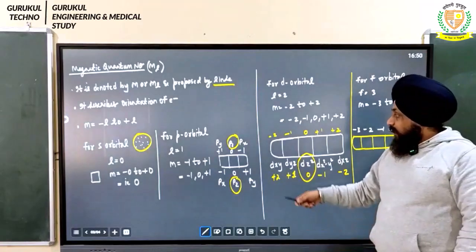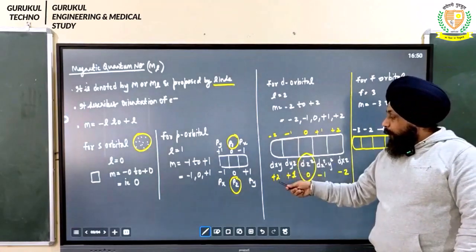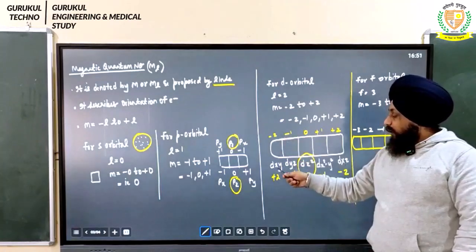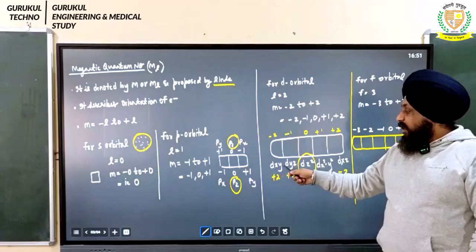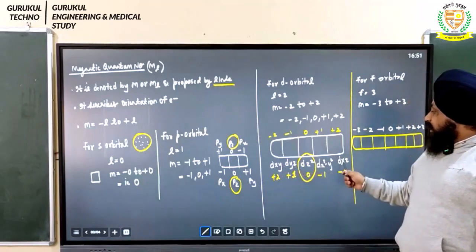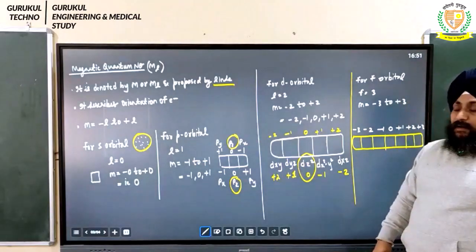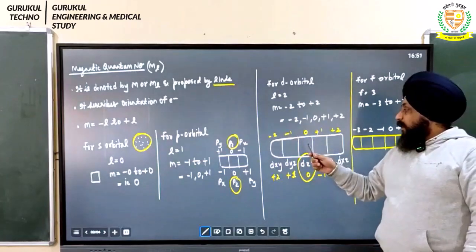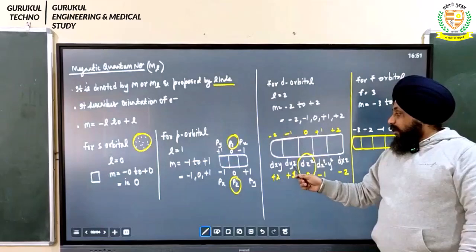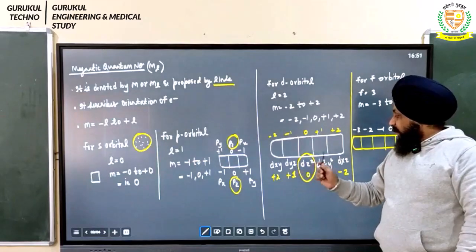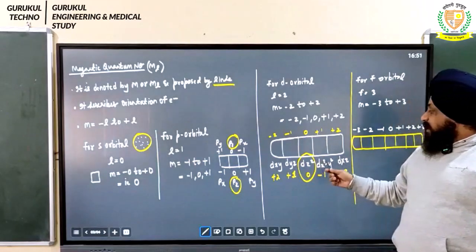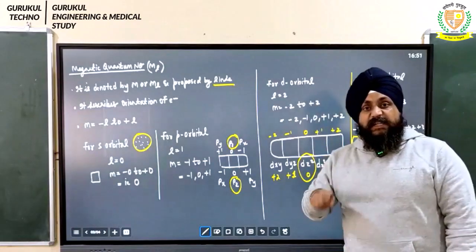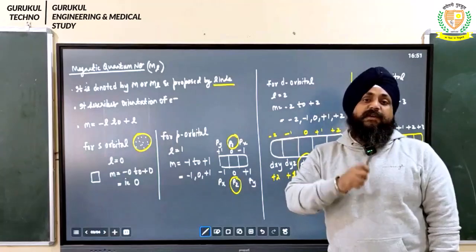And for minus and plus 2, we can write either dxy or dxz. Likewise it is for the other quantum numbers. For plus or -1 we can write dyz, or dx square minus y square, but this dz square is going to be fixed, which is going to be 0.